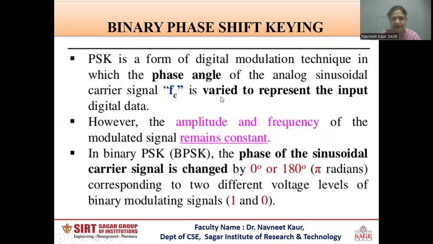We'll explain this concept with the help of diagram also. Now first we will see the basic concept of the system. In the system, the amplitude and frequency of the modulated signal remains constant.